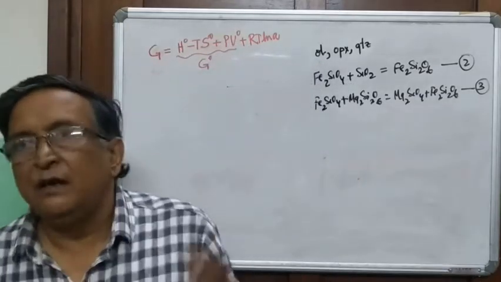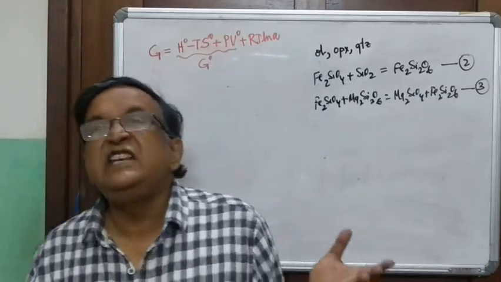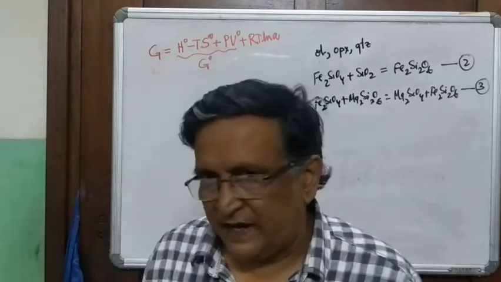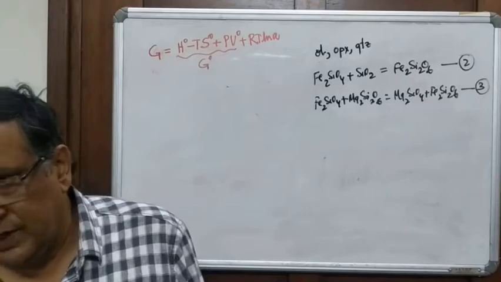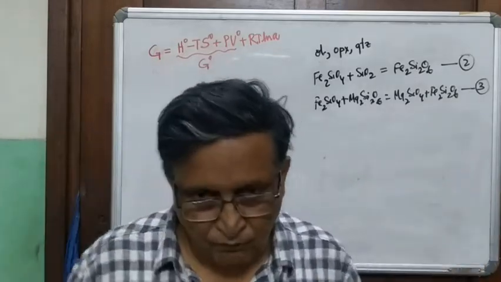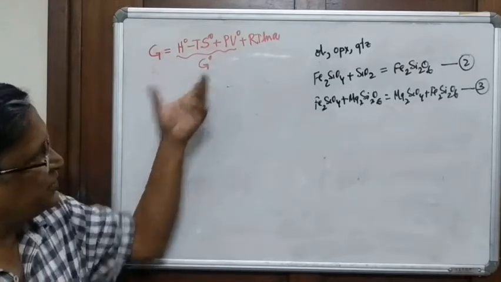So we were taking minerals as absolutely incompressible material. So thermal expansion data, volume expansion data, it all does not matter. So these are the approximations involved in writing this reaction.